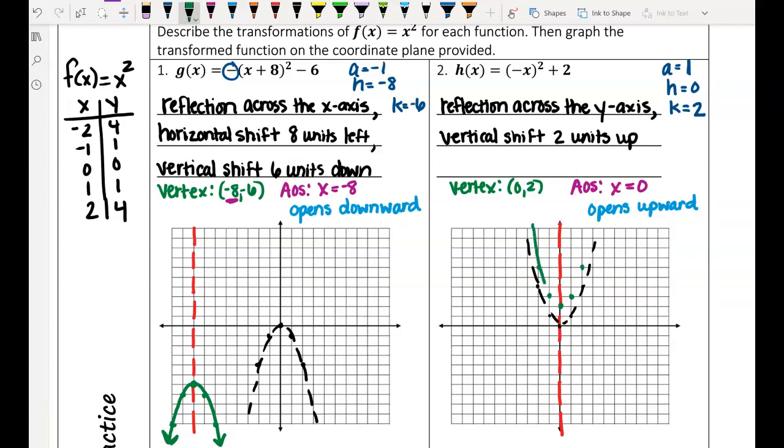So my function would look like this. It's just the parent function shifted up 2 units. Yes, it's a reflection across the y-axis, but we can't show that because when we reflect it across the y-axis, it lands on top of itself. So there's not really anything to show there for that one.